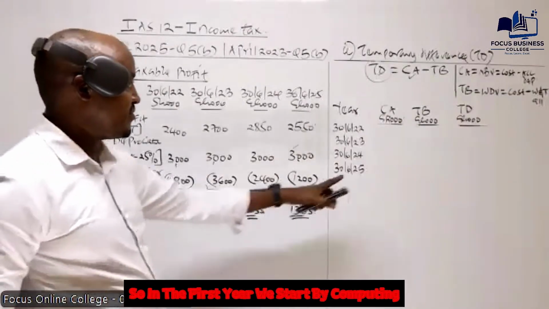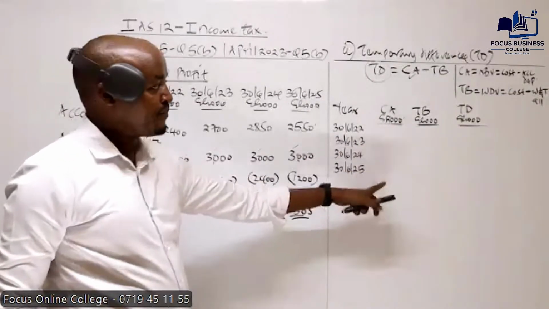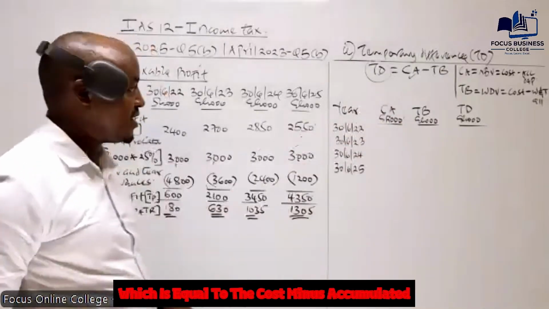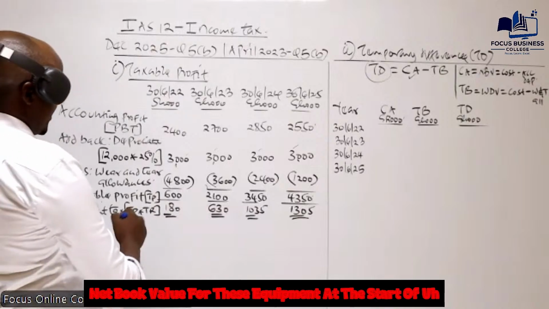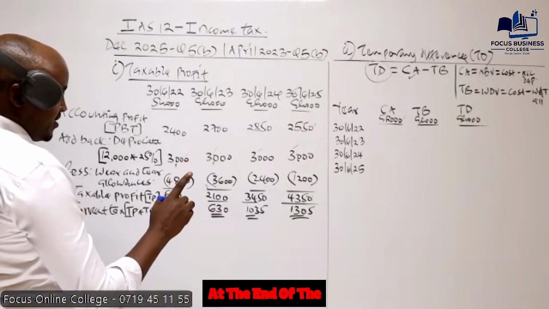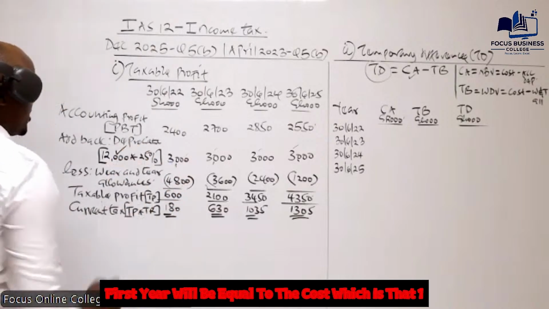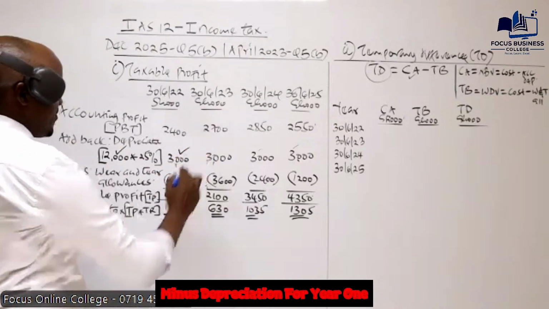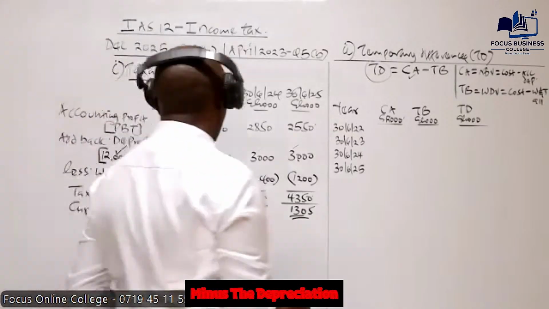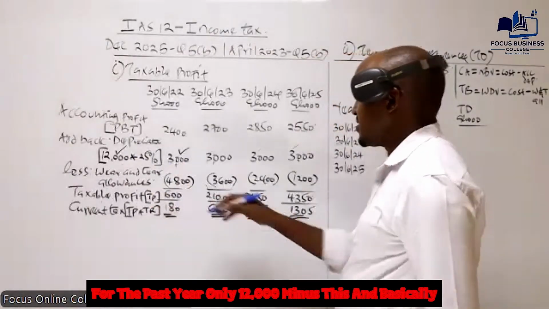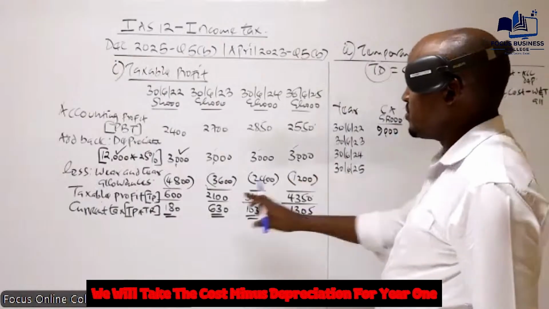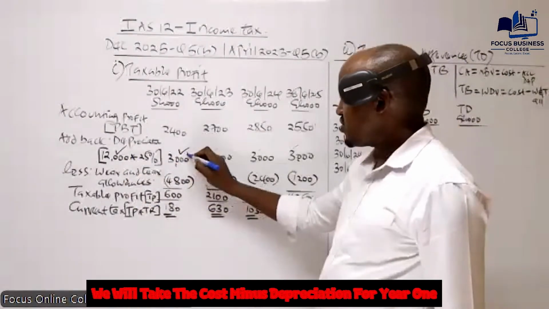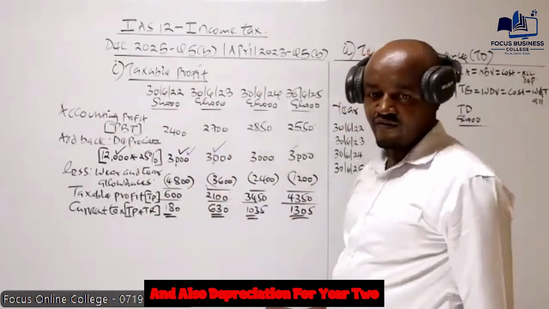In the first year, we start by computing these net book values, which is equal to the cost minus accumulated depreciation. So the net book value for this equipment at the end of the first year will be equal to the cost, minus depreciation for year one, only. 12,000 minus this, and basically that one will give us 9,000. In year two, we will take the cost minus depreciation for year one and also depreciation for year two.